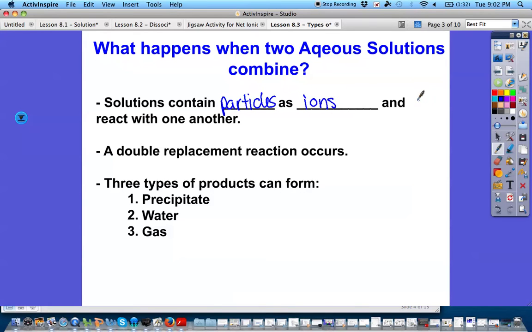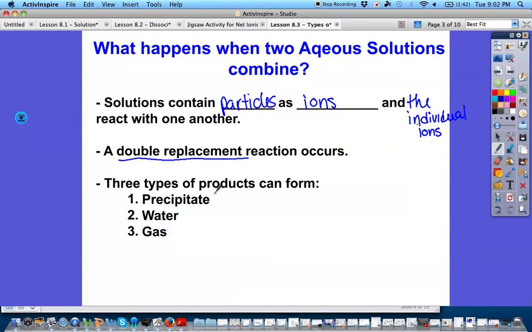And the individual ions are going to react with one another. This is typically going to be a double replacement reaction that is going to occur. And we have three types of products that can form.